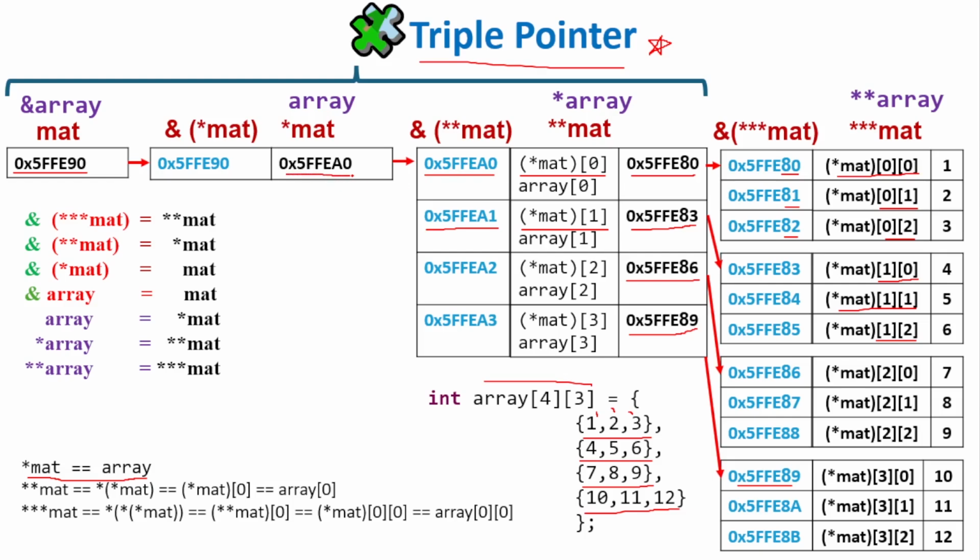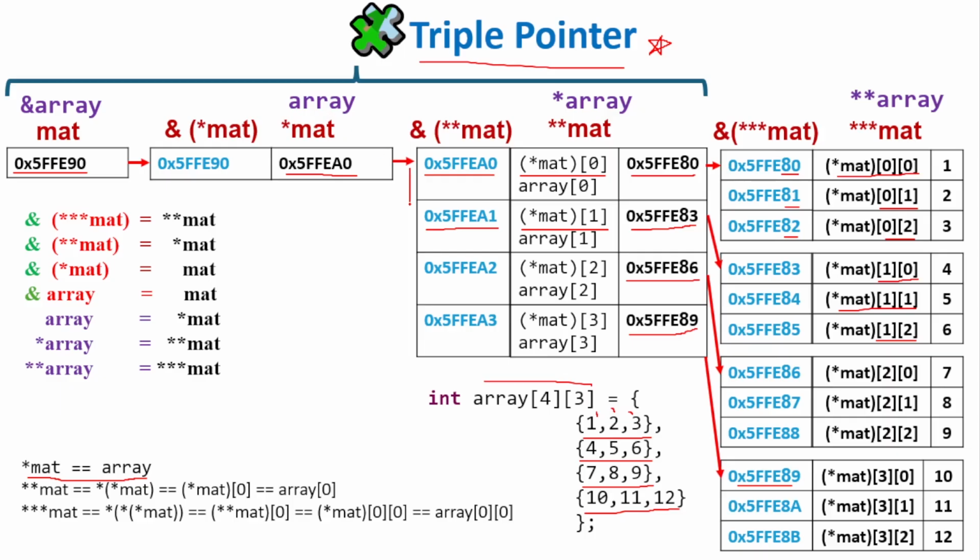In other words, the contents of memory at address 5FFE90, the value inside mate, is 5FFEA0, which we denote as *mate. This value 5FFEA0 is the base address of the outer array.